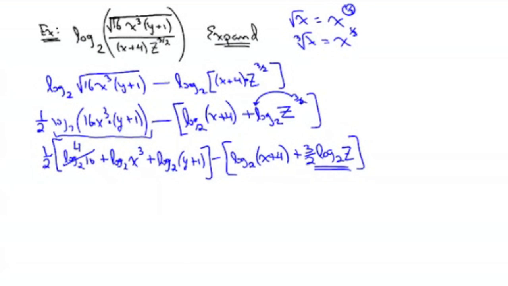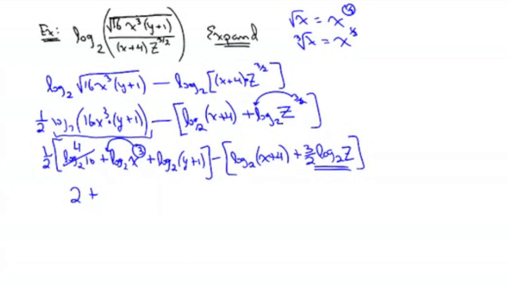What happens to the 3 with this log base 2 x cubed? What happens to this power of 3? It gets dumped out front. It literally moves out front. So what's 1/2 of 4? 2. Plus 1/2 of 3 log base 2 of x. But 1/2 of 3 is what?